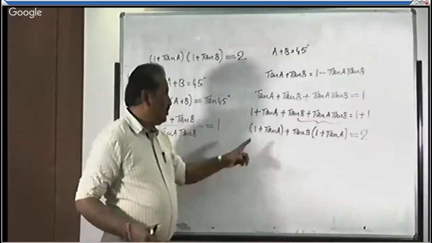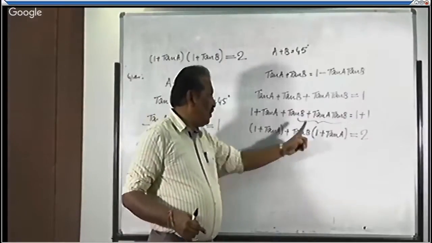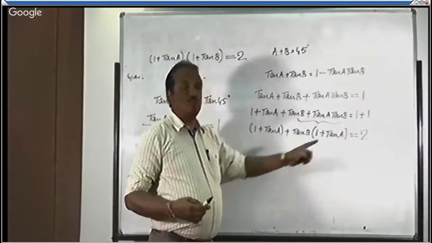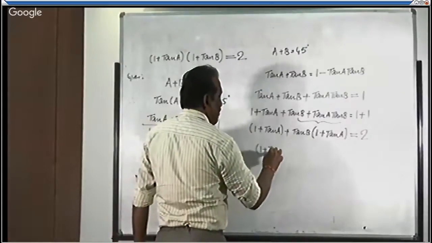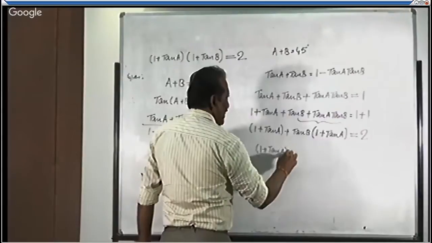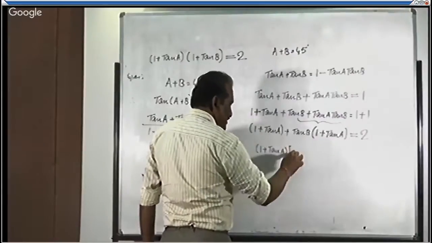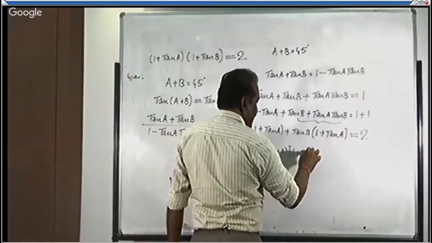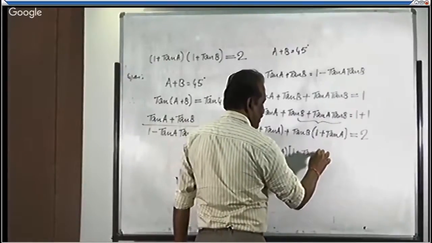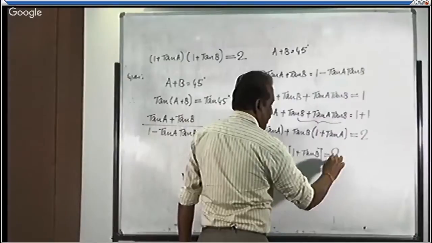Right? So observe here, 1 plus tan A is here, 1 plus tan A is here also. That's why take 1 plus tan A as a common factor. You will get the first term after leaving 1 plus tan A, it is 1. The next term after leaving 1 plus tan A, it is tan B only. Thus, you will meet the required goal.